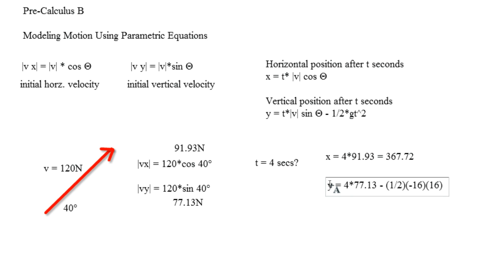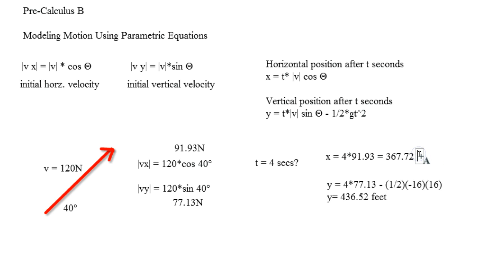So it's 77.13 minus parentheses 0.5 times -16 times 16. Okay, and so this y positioning is going to be 436.52 feet.